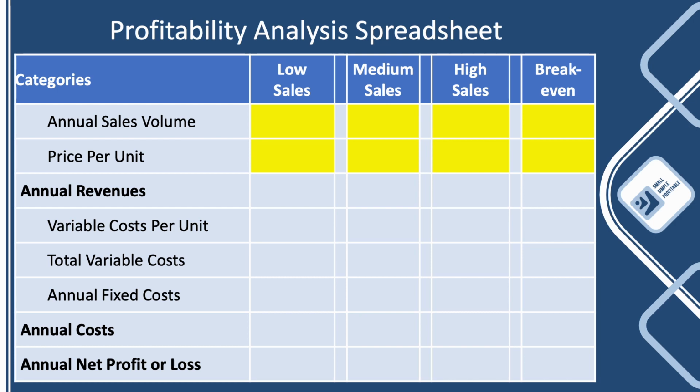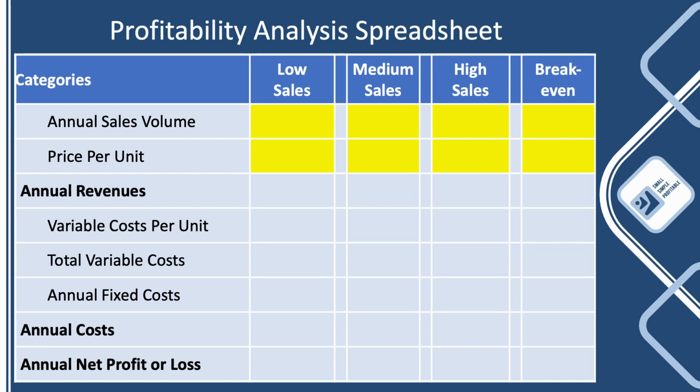3 rows are more important than the others because they are the rows with the overall totals. Annual revenues minus annual costs equals annual net profit or loss. The rows along the side help you calculate your total revenues, your total costs, and your net profit or loss for each column.